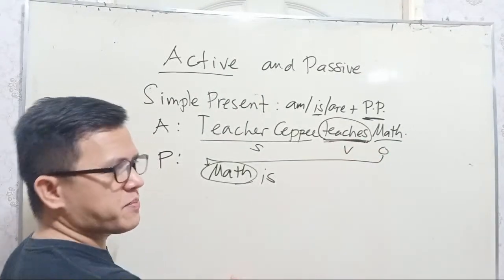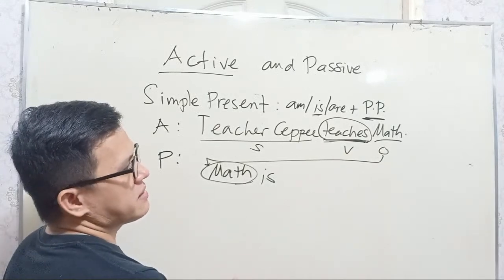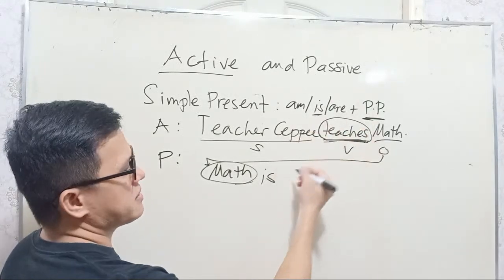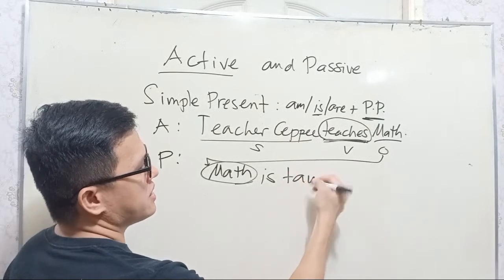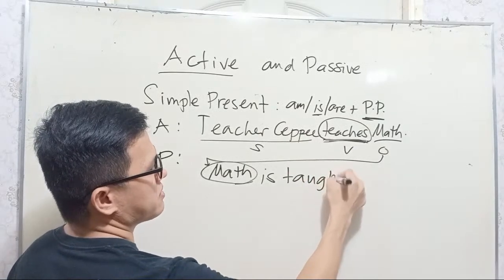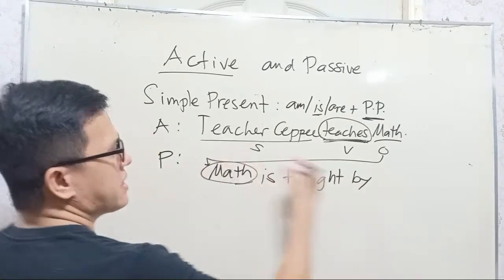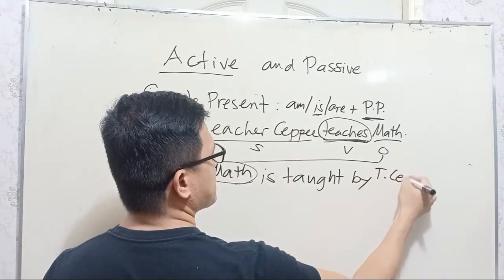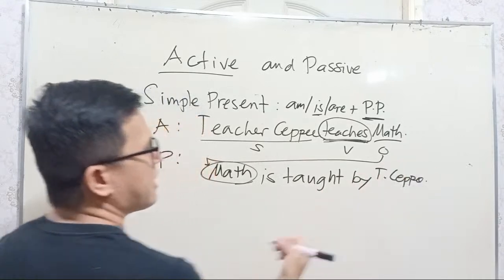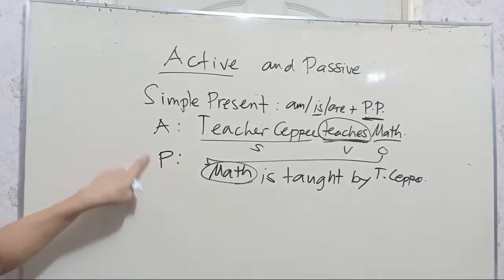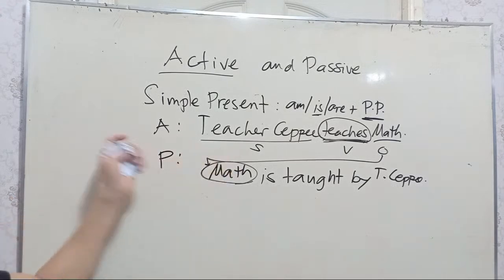What's the past participle of teach, or teaches? So that is taught. Teach, taught, taught. Okay, so is taught by, okay, by the subject, Teacher Seppi. So that's how we say the passive form of this active sentence. Okay, simple present, just like that.